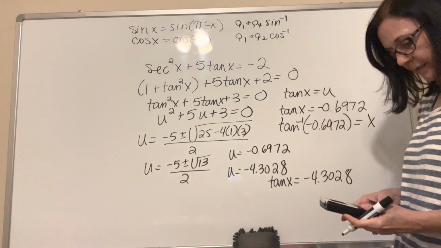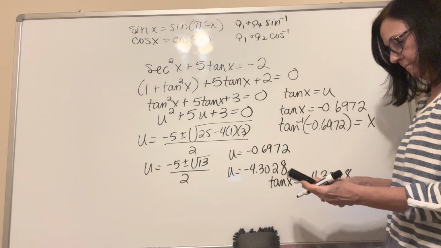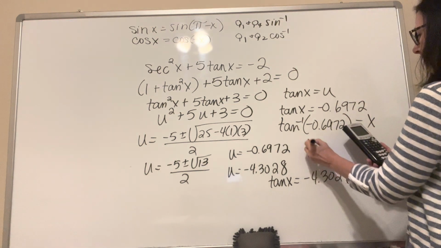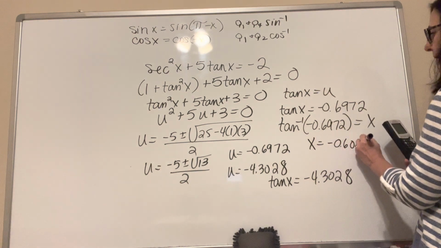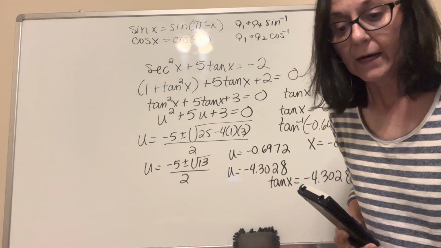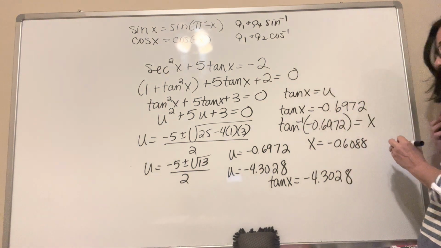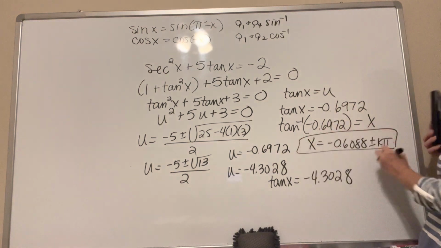I'll do that on my calculator. Here, x equals negative 0.6088 plus minus k pi. All right, so that's one solution.